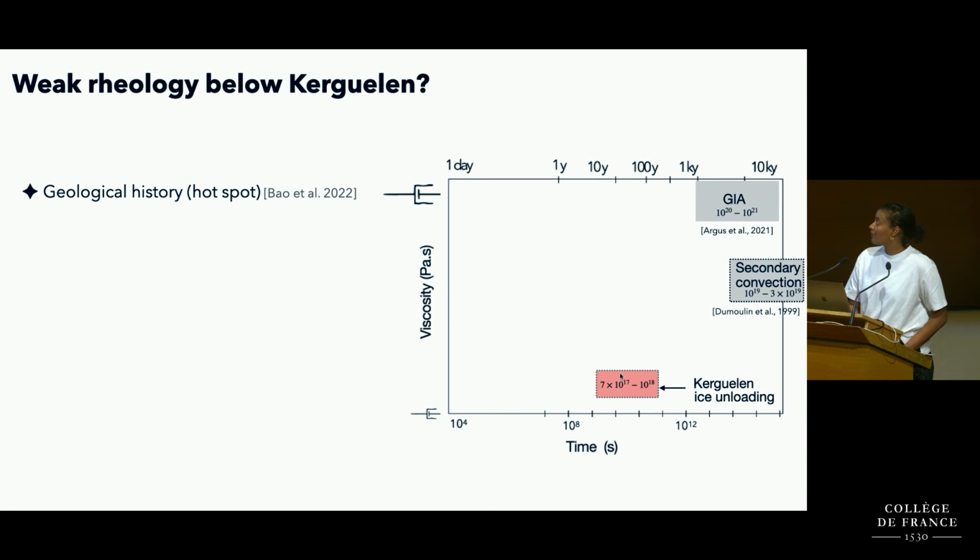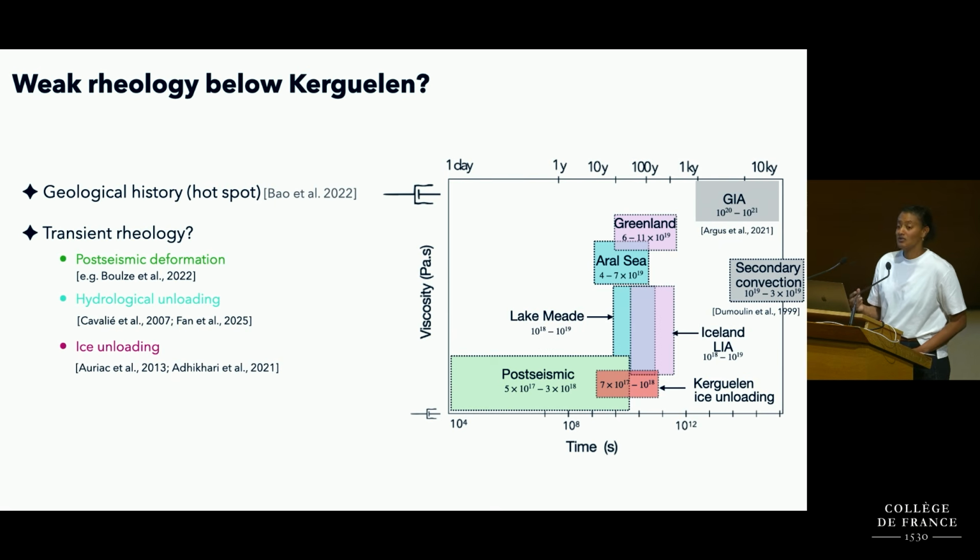Although this is still much higher than what we get from the ice unloading constraints. And in fact, this might just be reflecting something that we've seen in other regions, which translates the transient rheology of the Earth, meaning that we have a frequency-dependent rheology of the Earth's mantle that we need to map and account for.